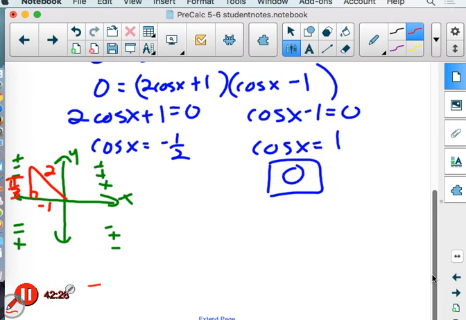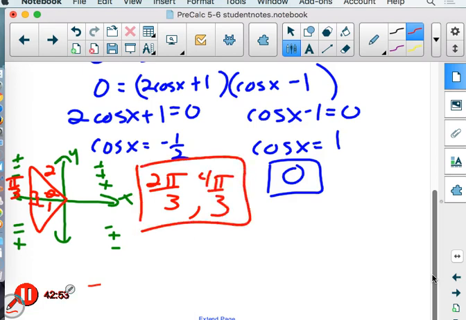So if this little chunk right here, this theta is pi over 3, give me the correct name for that angle. 2 pi over 3. Now swing it down into the third quadrant. What would its new name be? 4 pi over 3.